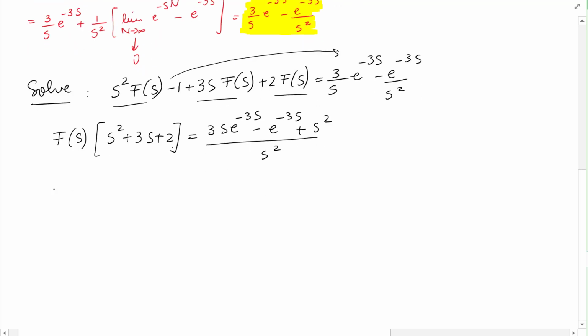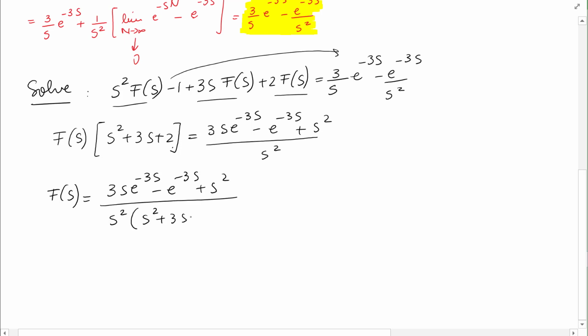So F of s is actually 3s e to negative 3s minus e to negative 3s plus s squared, everything over s squared times s squared plus 3s plus 2.